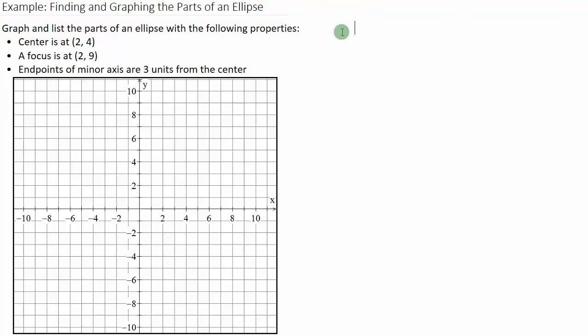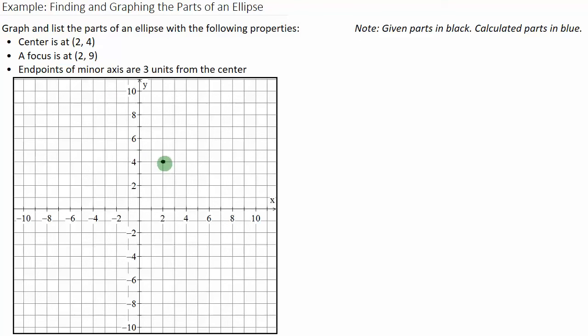Okay, so I'll make a note of that over here. Calculated parts in blue.